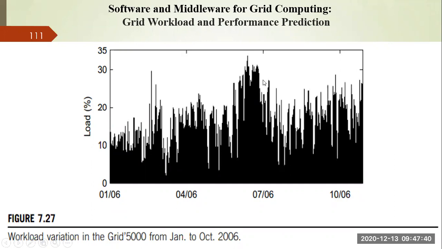They conducted the experiments to know what the load variation in Grid 5000 is. They analyzed the number of systems connected to Grid 5000, and you can see that in January the load is around 10%, and in July the load is around 30 to 35%. So they traced between January and October 2006 to observe how the resource load fluctuated, or how the utilization of the resources was.